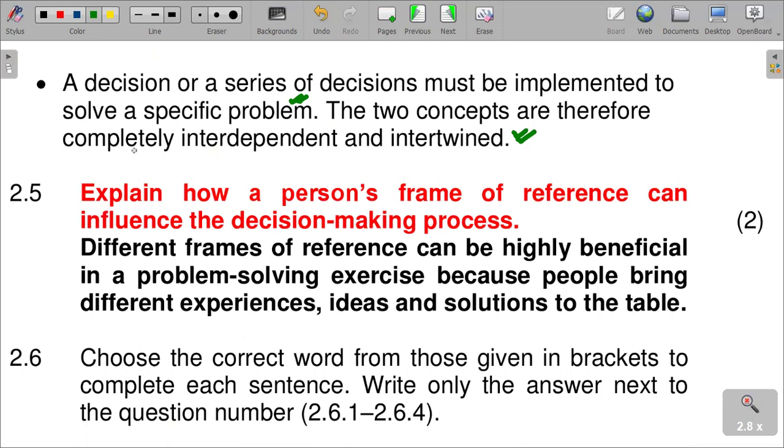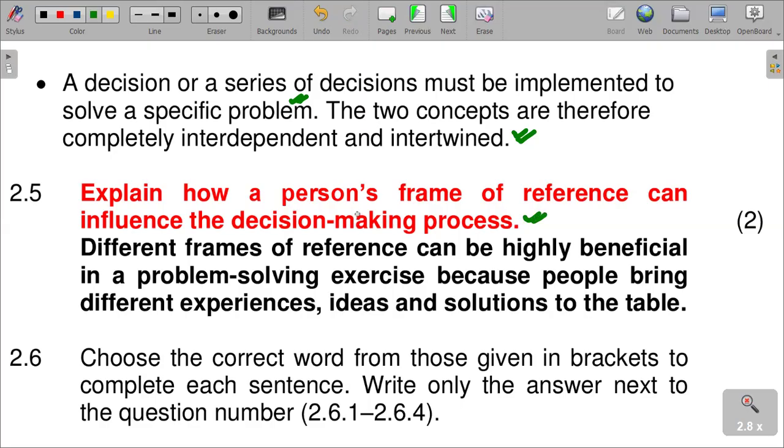And then the next question is number 2.5. Question 2.5 wants you to explain how a person's frame of reference can influence the decision-making process. We are still on the topic of decision-making.